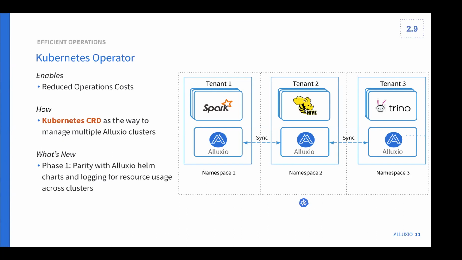So with the new operator, we are in phase one of the operator, in which we've achieved parity with the Alluxio Helm charts, and it also includes additional logging for resource consumption across the multiple instances of Alluxio that you might be operating in your environment.